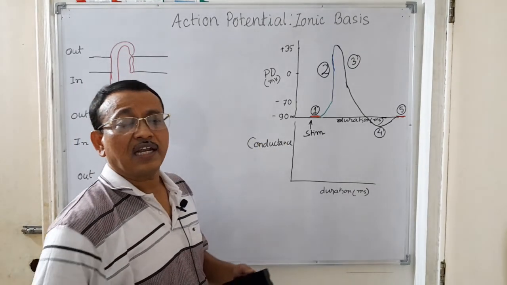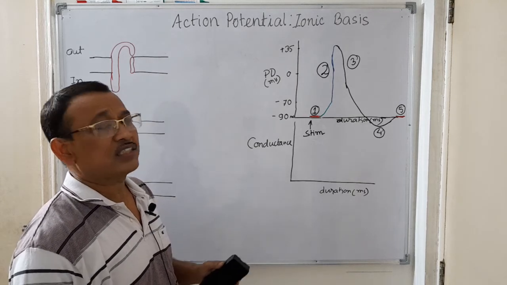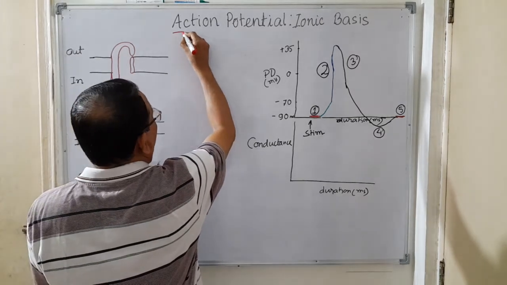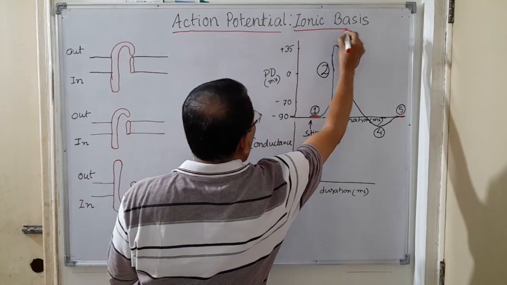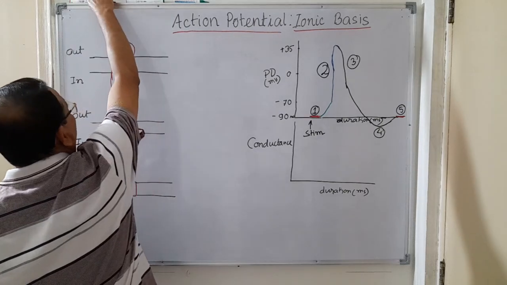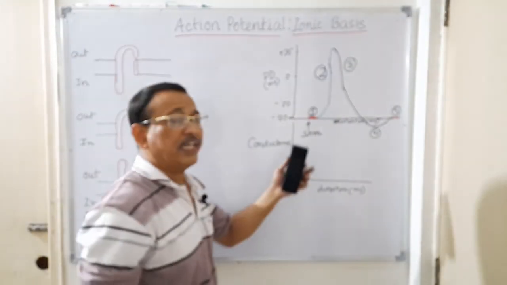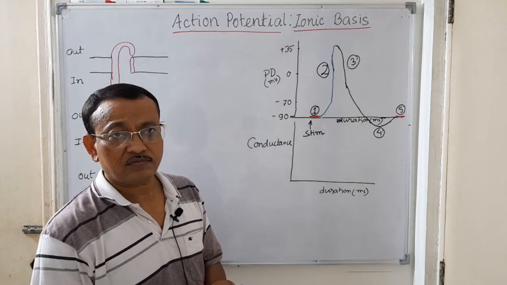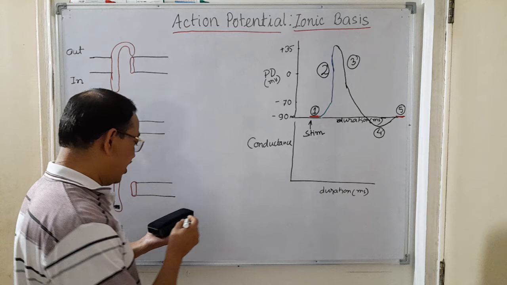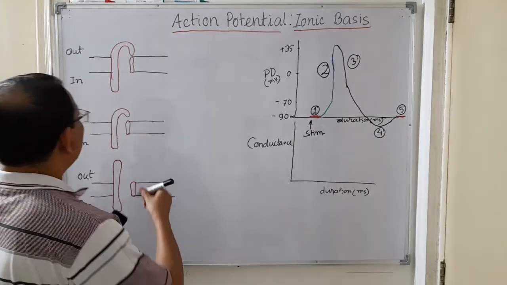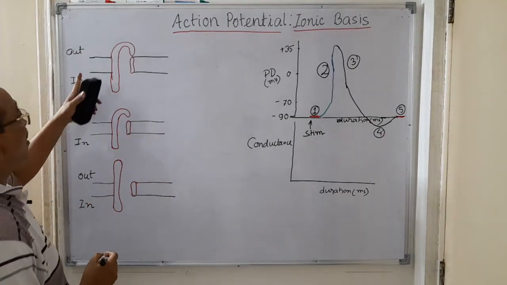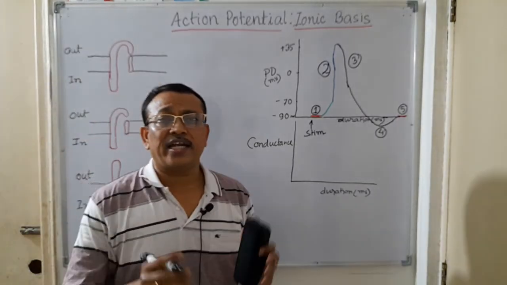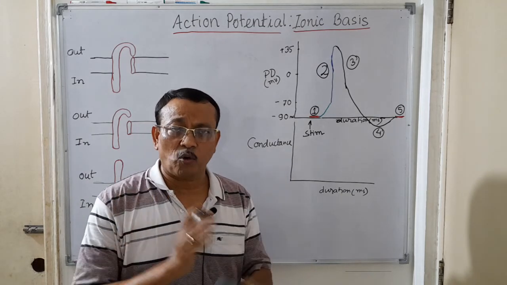So today in this class, I will try to discuss the ionic basis of the action potential, how these phases of the action potential are mediated by the flow of different ions. First, in the resting condition, on the cell membrane there are different categories of channel proteins.